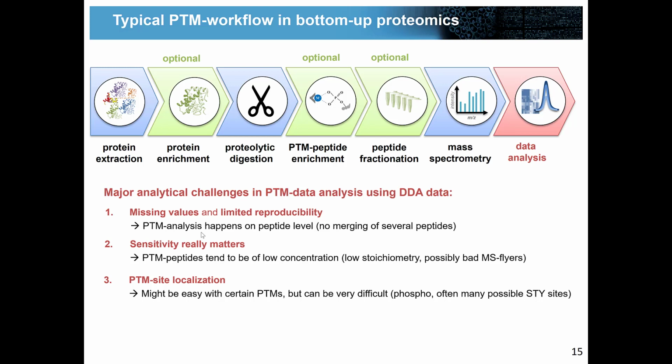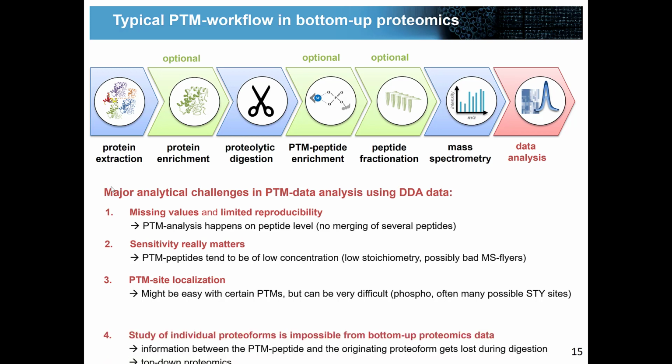You have more lines in there, but you will also have more missing values, because sometimes the algorithm quantifies one phosphopeptide version, and in the next sample the alternative phosphopeptide version. So that is just an additional comment on why this PTM site localization issue also negatively affects the issue of missing values.